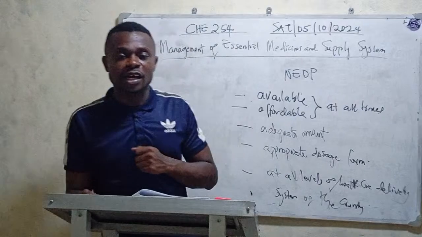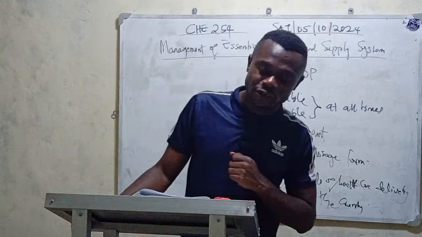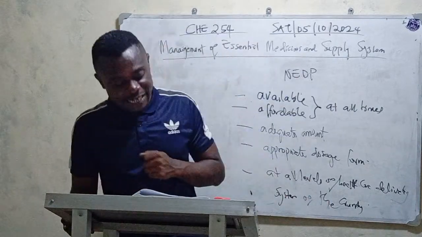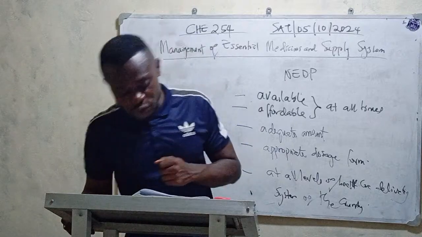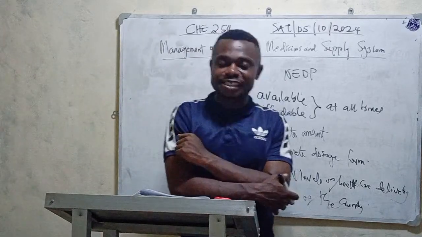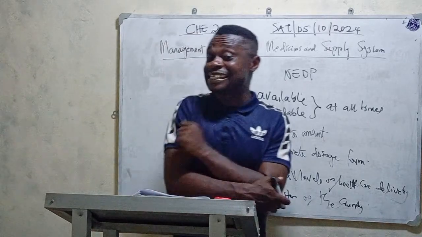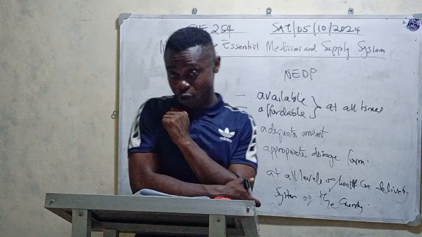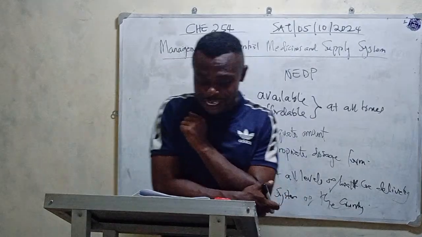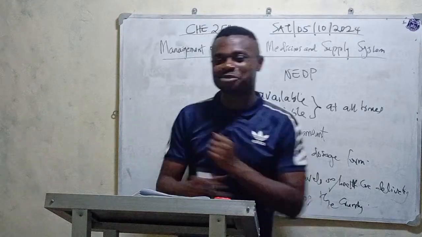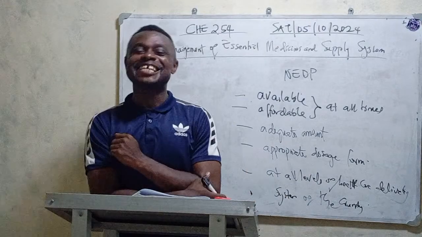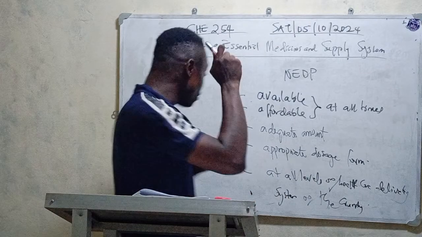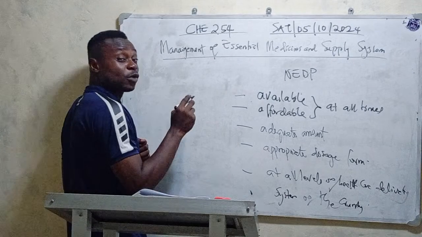Now, the next item on the objectives of this NEDP is to ensure that drugs are purchased in their generic name and purchased in bulk so as to minimize what? Cost. Simple. Drugs are purchased in bulk, central bulk purchase.